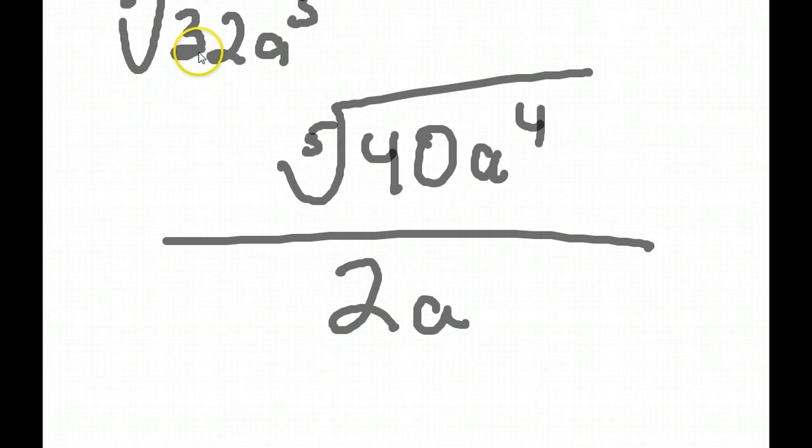And the 2 is 32 if you break that into a fifth root: 2 times 2 times 2 times 2 times 2, or 2 to the 5th power, is 32. So we take the fifth root of that and we get 2. And a to the 5th, you take the fifth root of a to the 5th and you're left with just a. So now we have a fraction with no radicals in the denominator.